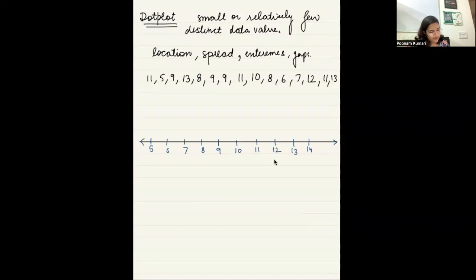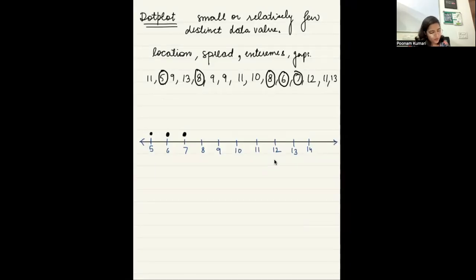So starting from 6, we see a 6 here, so I'll put a dot here. Do we see any other 6? No. Do we see a 7? I'll put a dot here. I have a 5 also, so I'll put 5 here. Do we have an 8? We have two 8s, right?